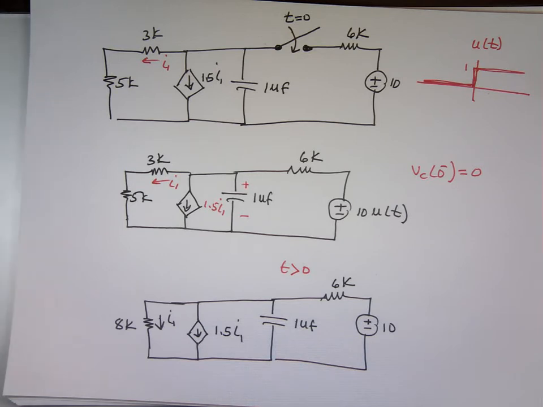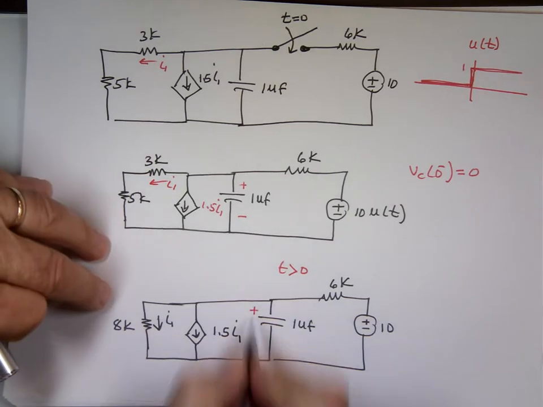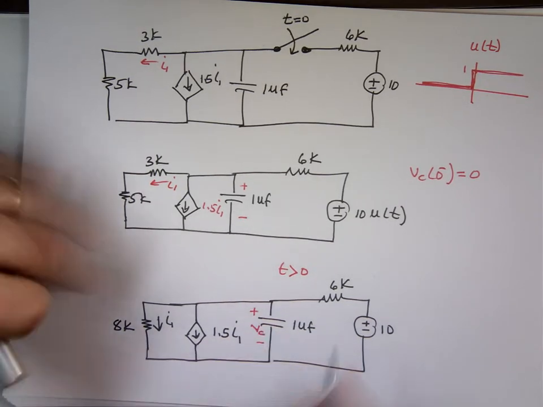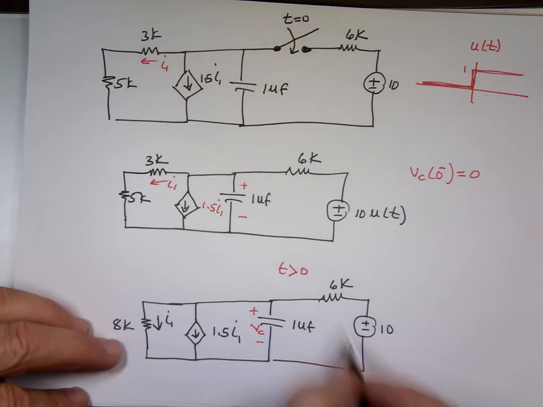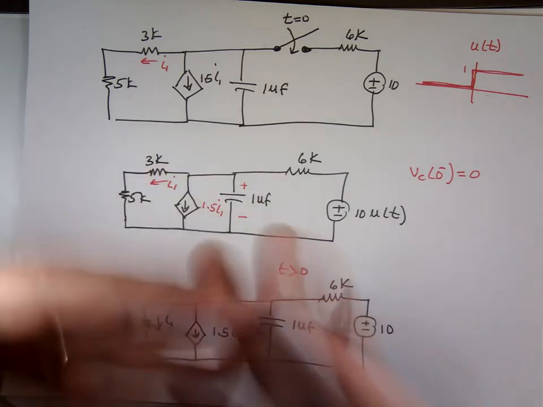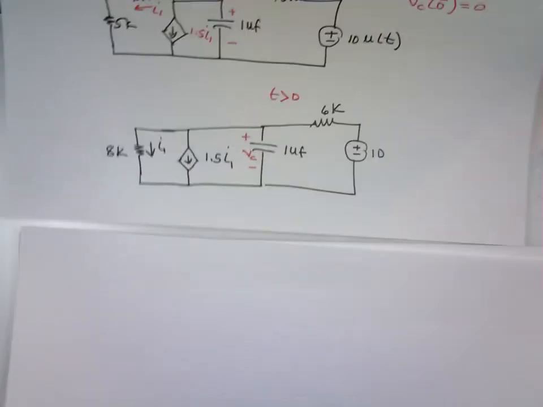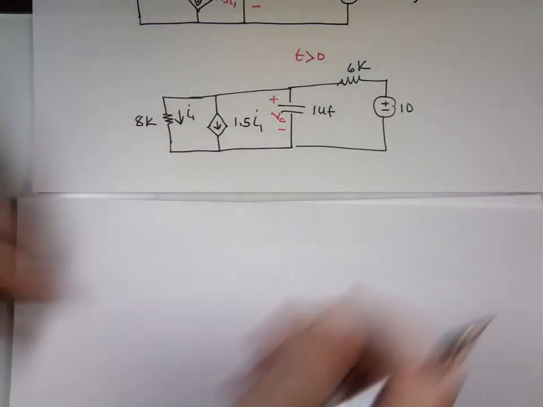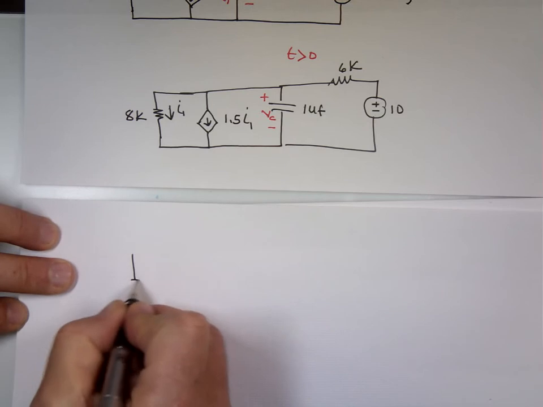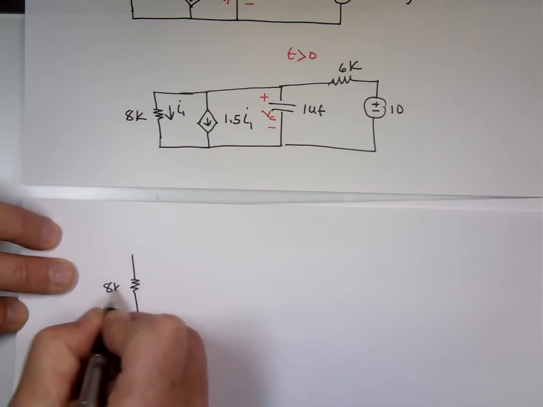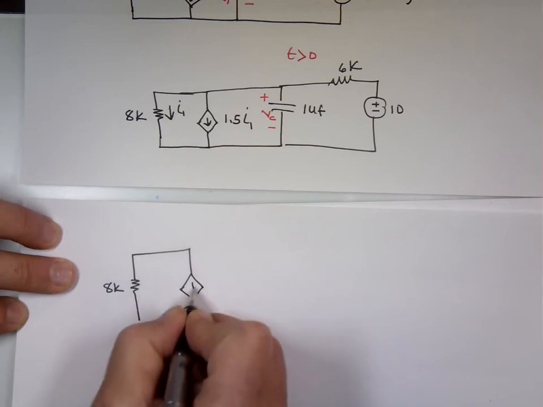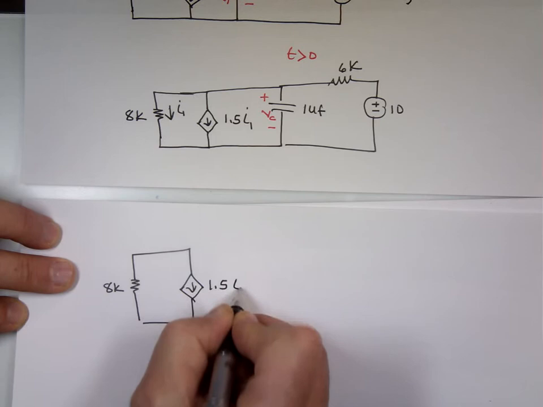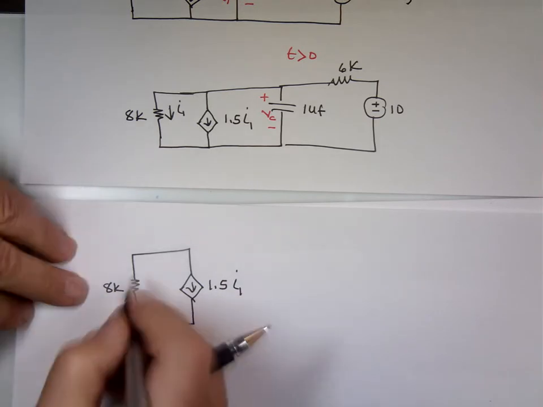I'm looking for the voltage across the capacitor. What is the voltage across the capacitor here as a function of time? Notice I can use source transformation right here, because I'm trying to shrink that circuit a little bit. If I do source transformation, I will have what? 8K. 1.5 I sub 1, and I sub 1 is right there.